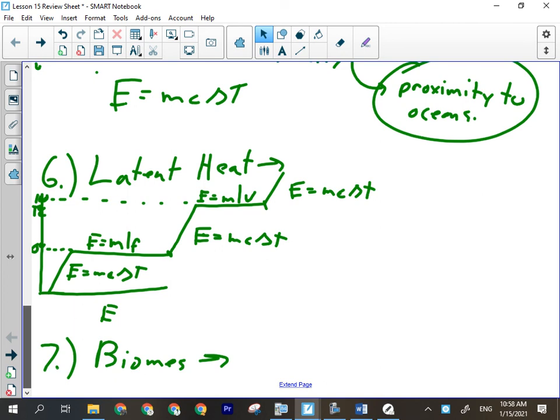Then there's some stuff about biomes. There's some stuff about factors affecting climate, energy transfer, parts of the earth and energy, fates of light. Energy transfer, latent heat, energy transfer.